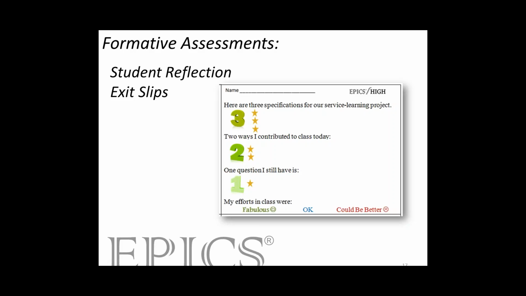So what I like about it is that it instantly gives you some understanding and feedback about whether they're getting it or not. It also allows students to realize that if they are having problems, they can say so and talk to you and get information back that will help them. So these are all built into it.